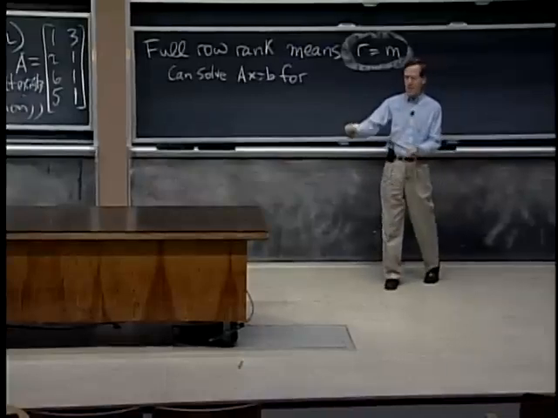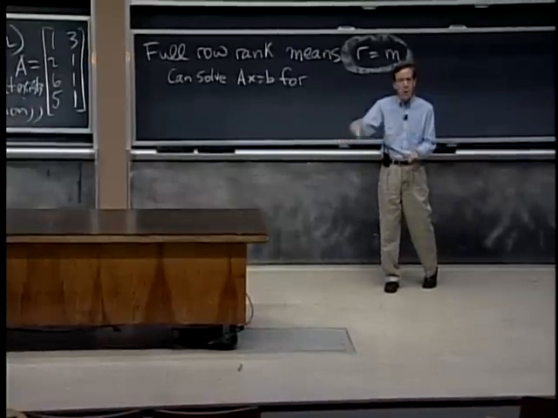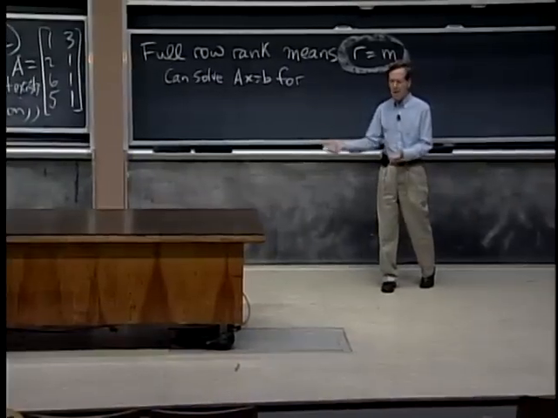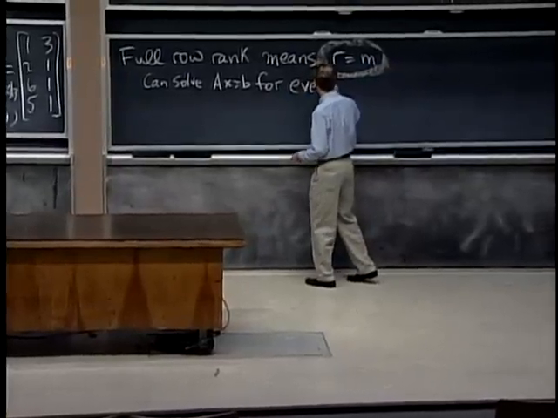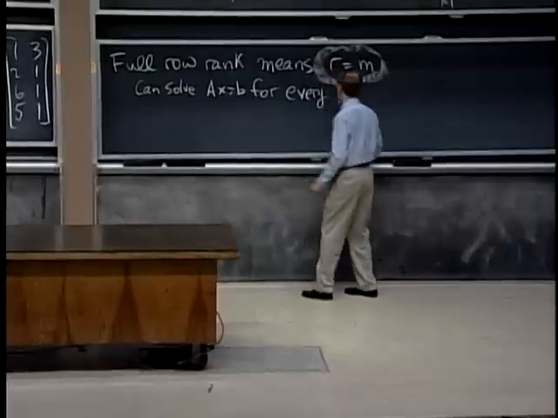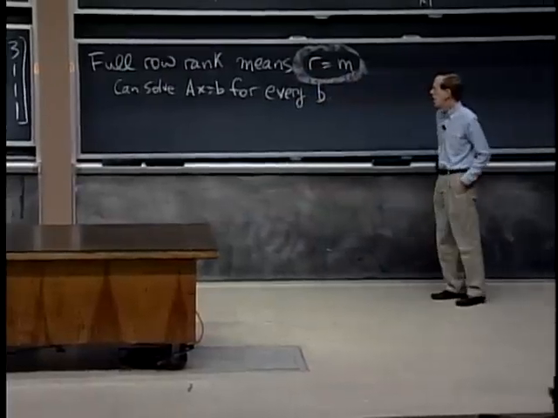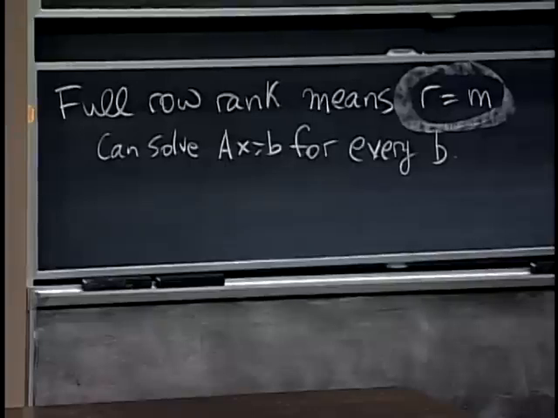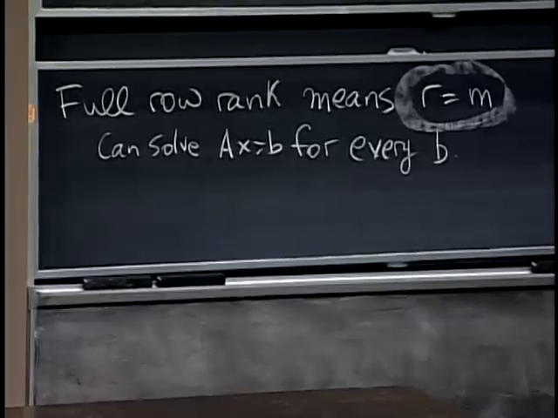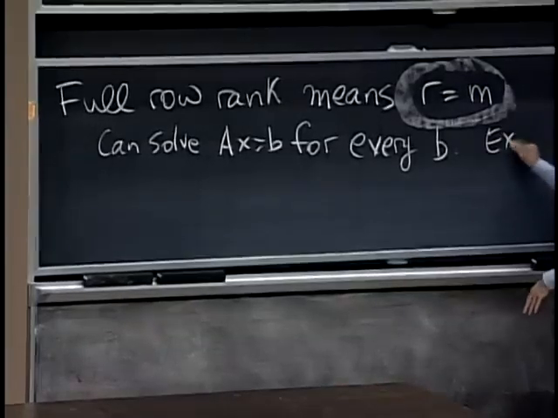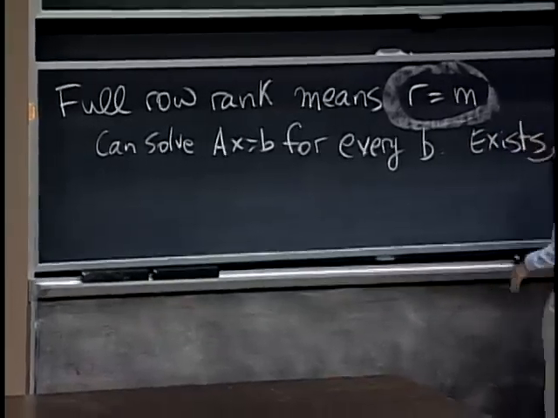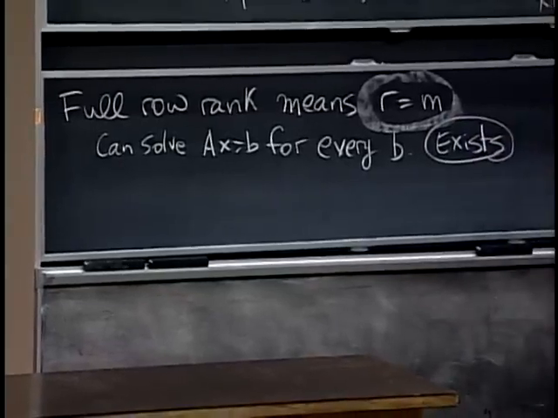I don't get any zero rows. So there aren't any requirements on b. I can solve Ax equal b for every b. I can solve Ax equal b for every right-hand side. So this is the existence. There exists a solution.